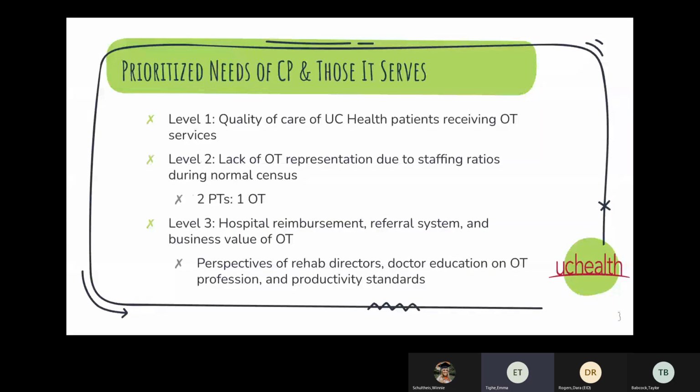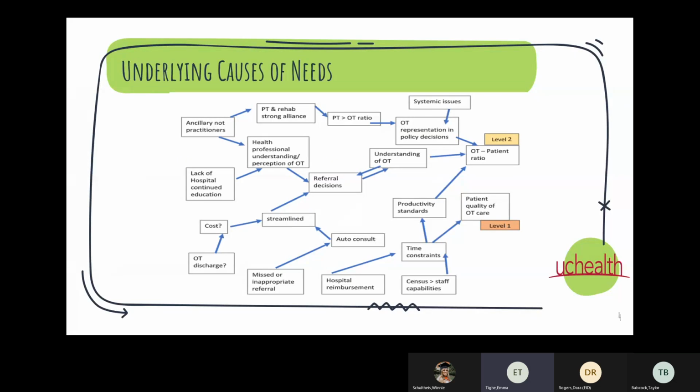For the underlying causes of the needs, here is the flow sheet that we made. It breaks down the needs of our level 2, which is the OT to patient ratio, and also shows our level 1 need of the patient quality of care, and breaks that down by causes.